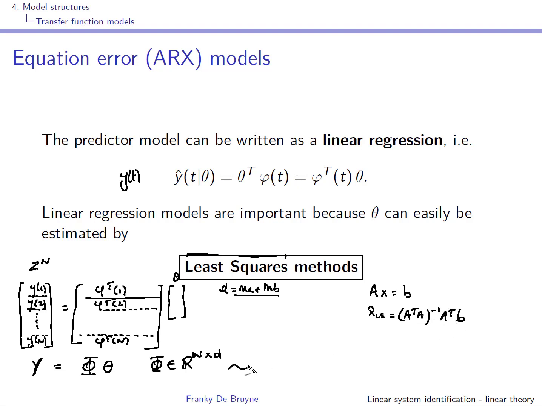So here theta hat based on N data will be Phi transpose Phi inverse times Phi transpose times y. So this is quite easy to obtain. You do not need any optimization, and there is no risk that you end up in a local minimum. You will always end up in the global minimum.